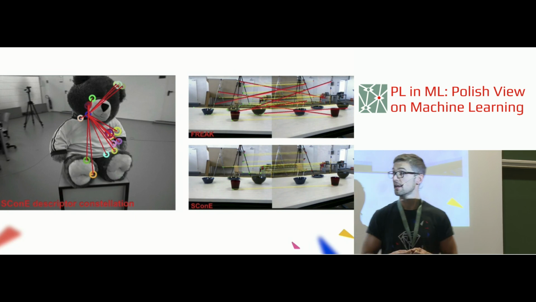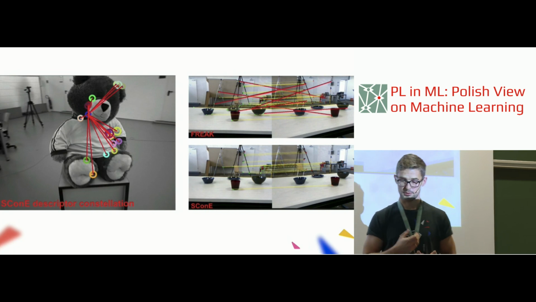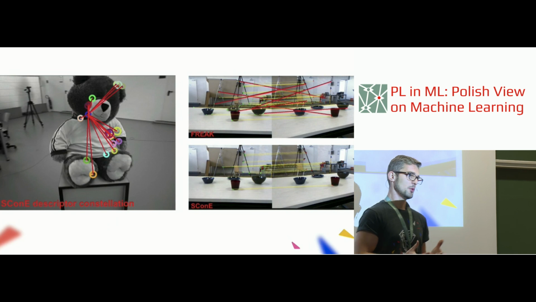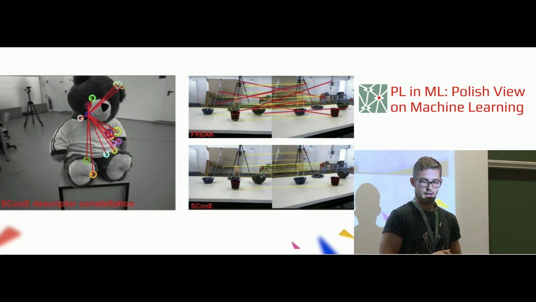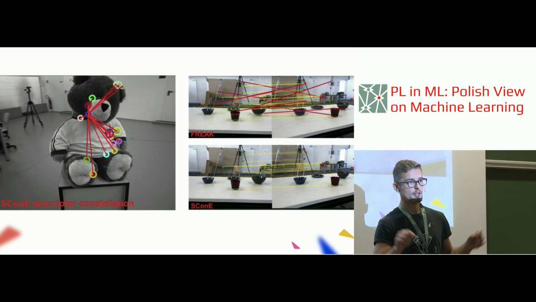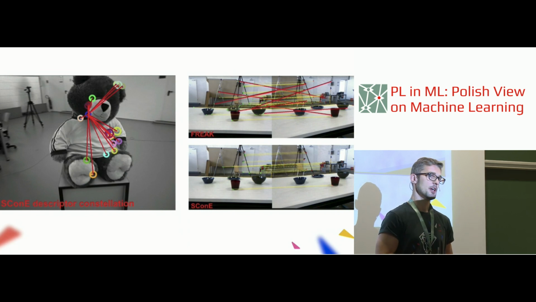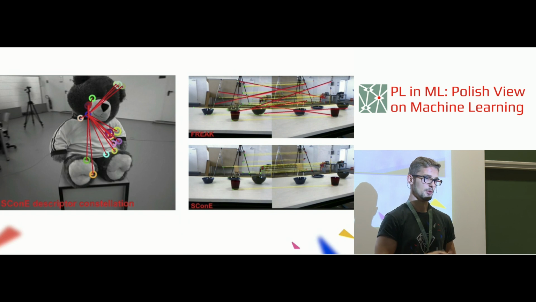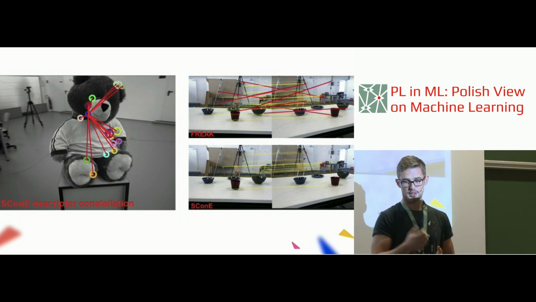Say that you have a central point in the middle of the teddy bear, but you are interested in a descriptor that takes the whole image more holistically. Obviously, you can increase the size of the patch that you analyze, but you can also look at several other key points that were detected in the neighborhood of your central key point. And this is exactly what we did.